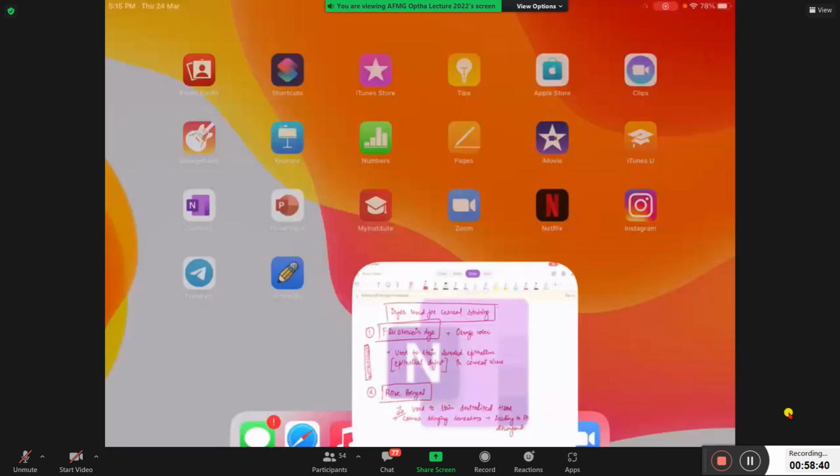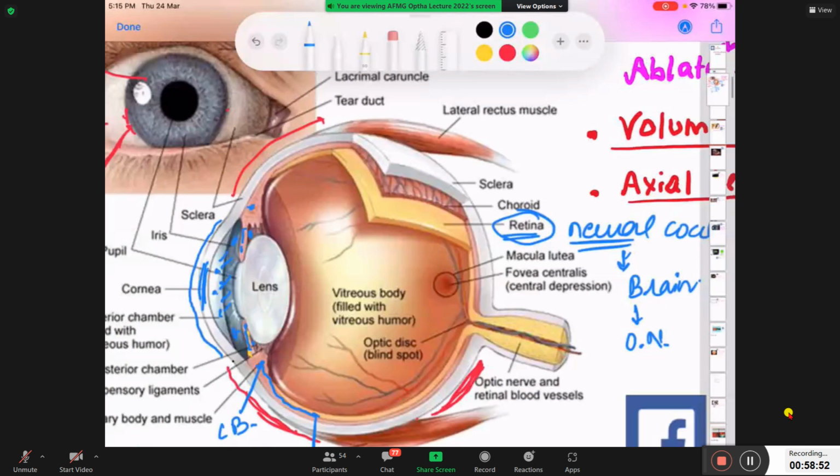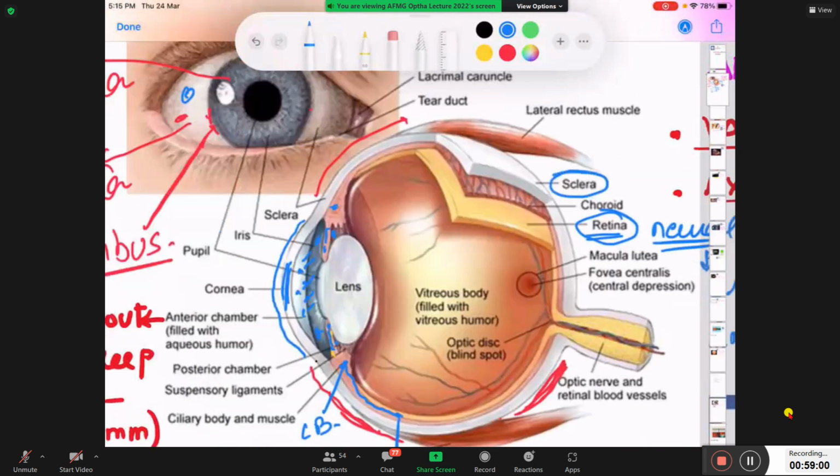Now coming back, so we have this cornea, 1/6 part. Now we will take sclera. The outermost posterior 5/6 part is called sclera, right?